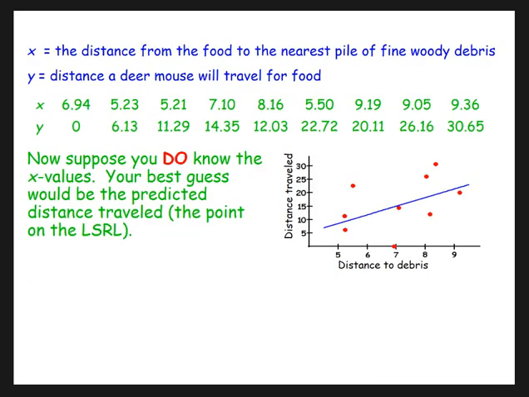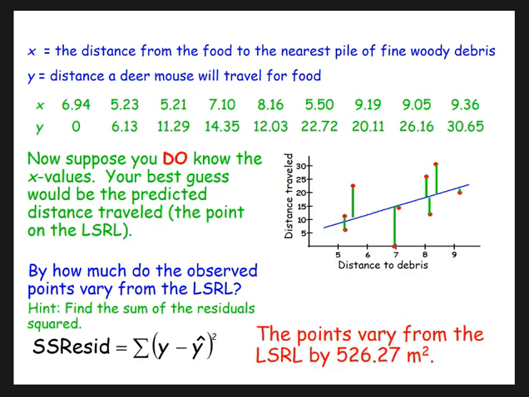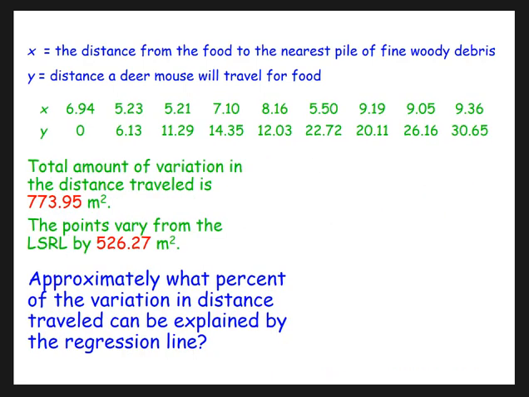If we actually use the regression equation, however, that's only 526. That's much less. So we're comparing: if we don't use a regression equation, if we just use the average y value, we have a sum of squared residuals of 773.95. And if we know the x values and we can use that regression equation to predict, that sum of the squared residuals only goes down to 526.27.